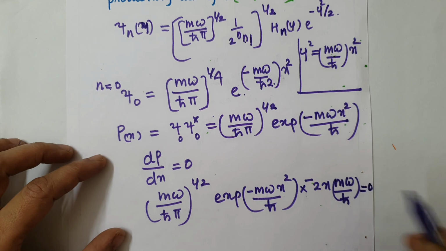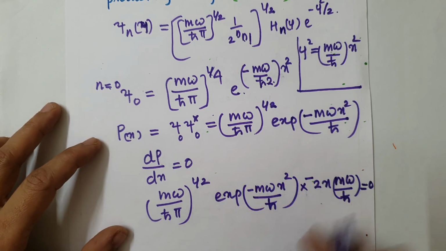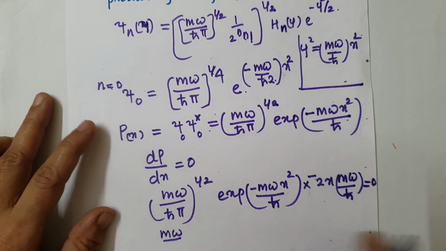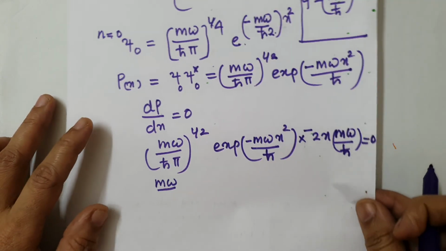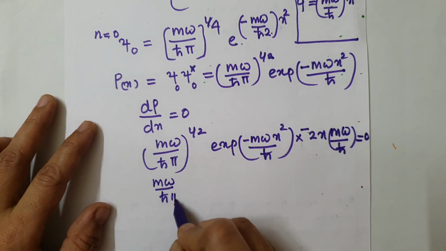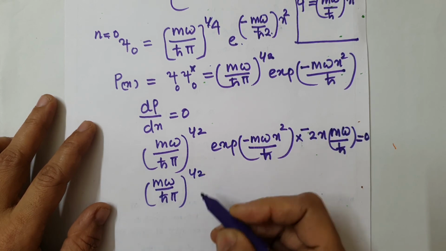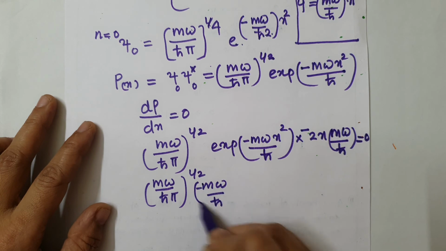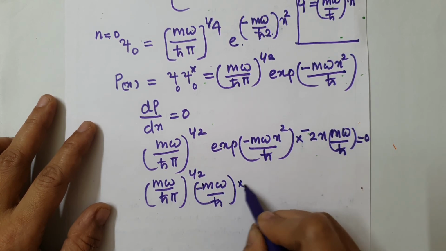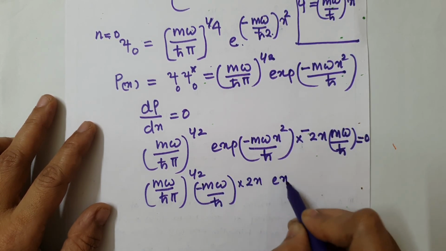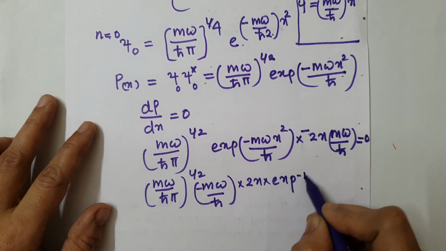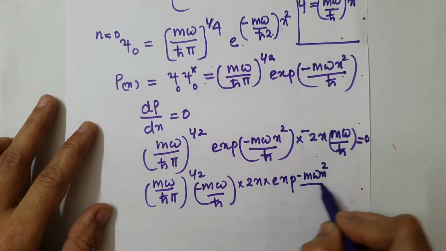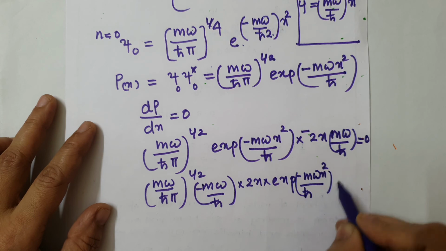This will be 0. We can rearrange this as (m omega by h cut)^(1/2) times m omega divided by h cut times minus 2x times exponential minus m omega x square by h cut is equal to 0.